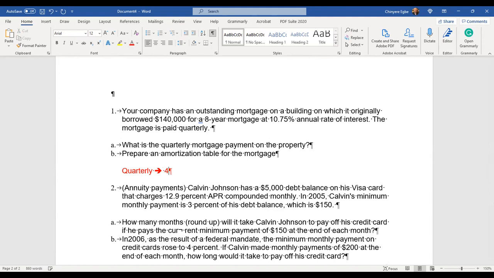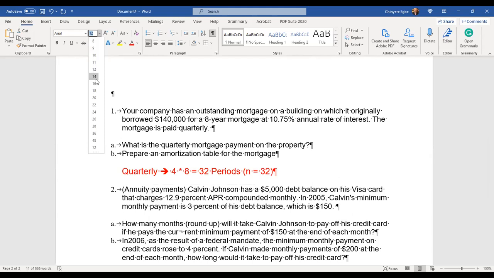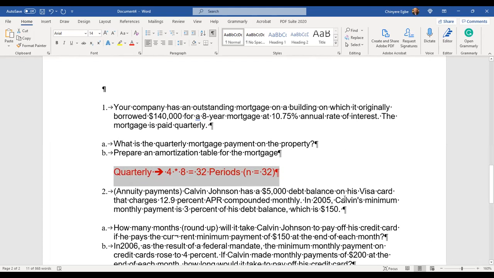So we have 4 times 8, which is equal to 32 periods. So n is equal to 32. We'll define the number of periods. I'm going to make this bold until we are done. All right, so we have 32 periods.